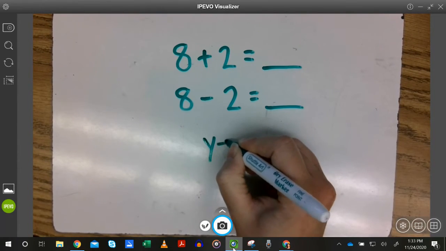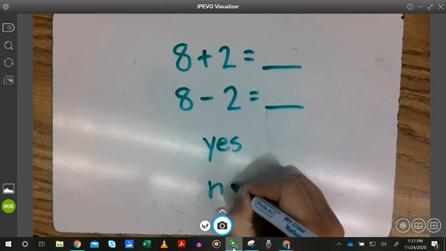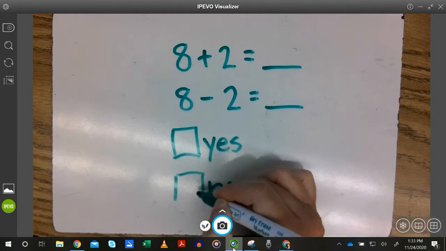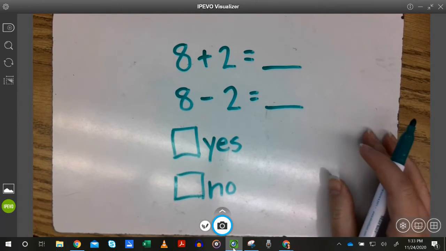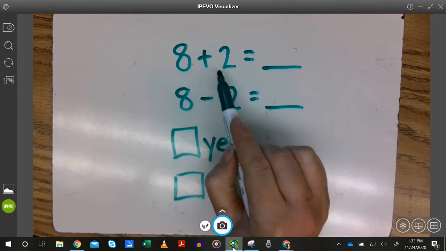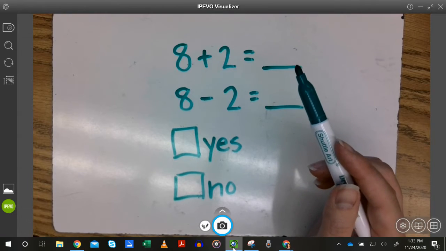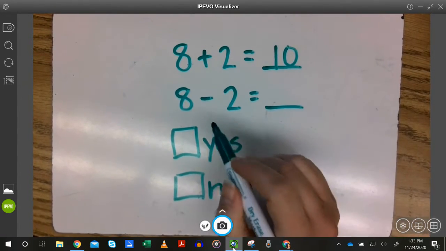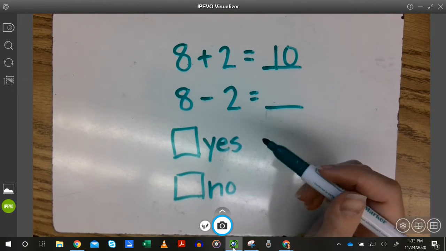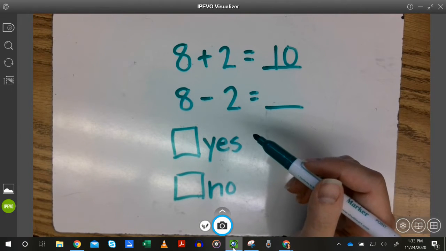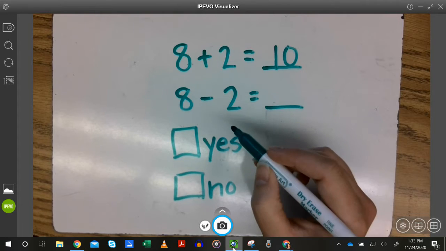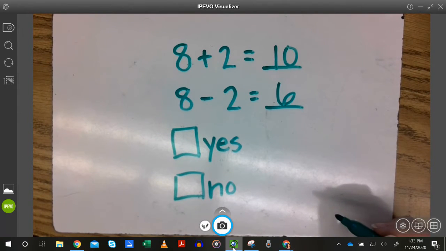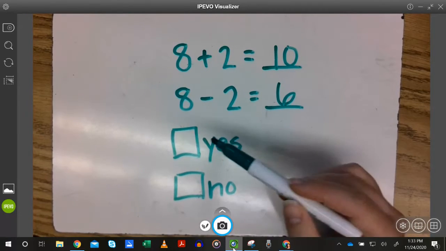You can pick yes or no. I'm going to make a little box where you can make a check mark. So looking here, what is 8 plus 2? The sum is 10. Those are 10 buddies. What is 8 minus 2? 8, count back 2, 7, 6. The difference is 6.